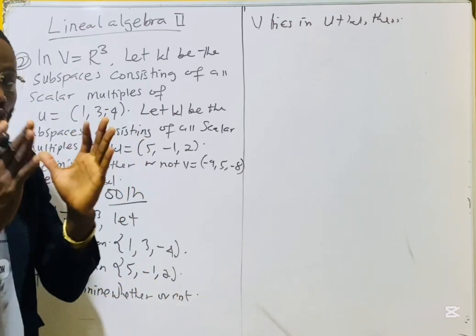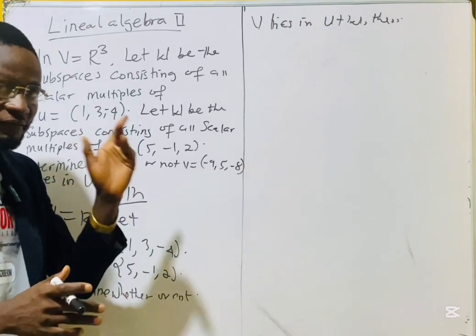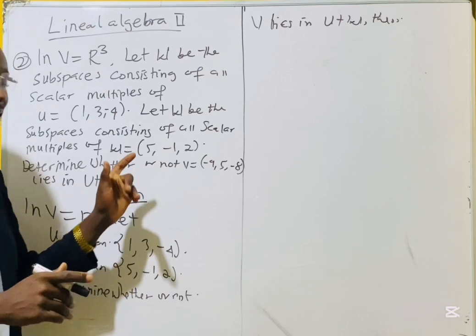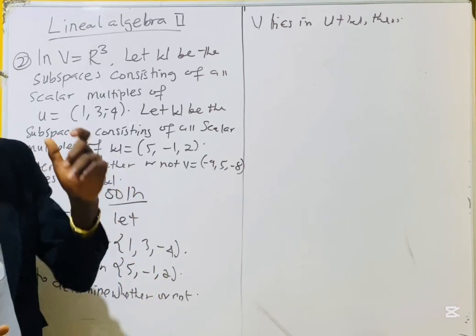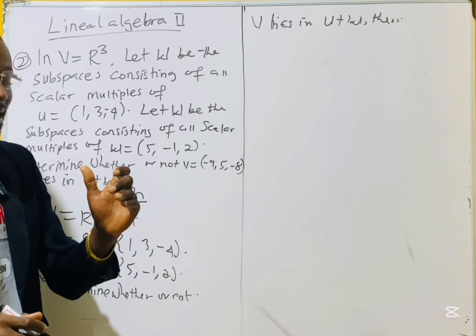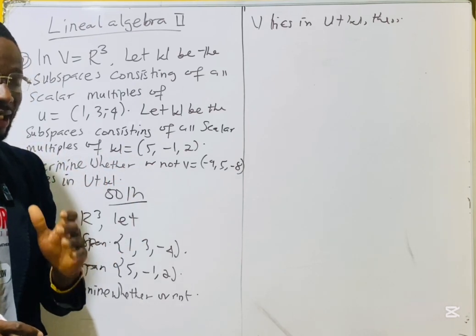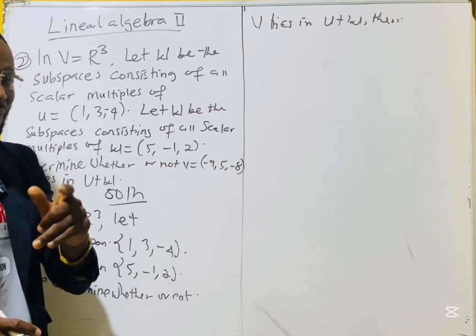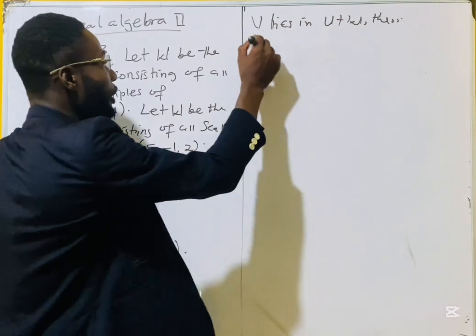If these two results give you V, then you can conclude that V lies in U plus W. So we need to find scalars, let's say C1 and C2, such that V is equal to C1 times u plus C2 times w.